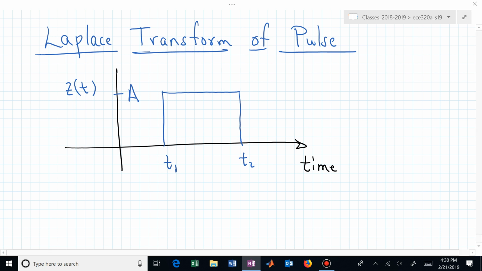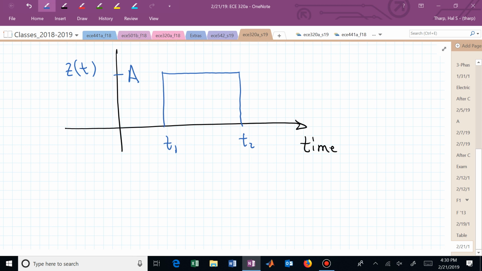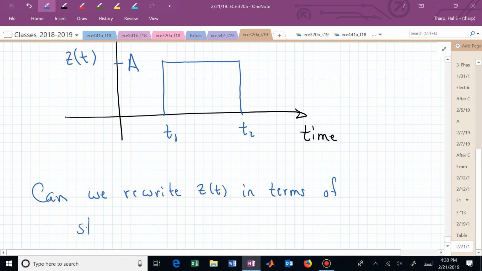Here's the question that I'm now asking. I'm asking, can we rewrite z of t in terms of what I will call standard waveforms?